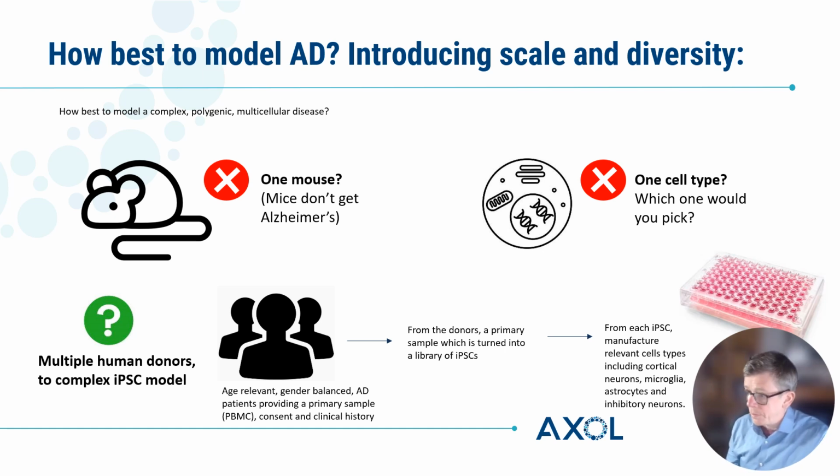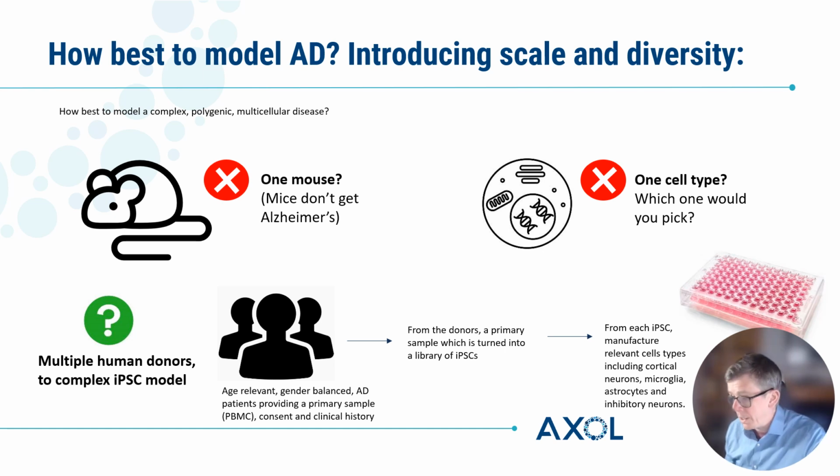So, how best to model AD? There are lots of different ways, and they are all surrogate models. So what's wrong with a mouse? Well, mice famously don't get Alzheimer's. Which mouse would you design? Which genotype would you design? Equally, the same argument relates to individual cell types or individual cell lines.